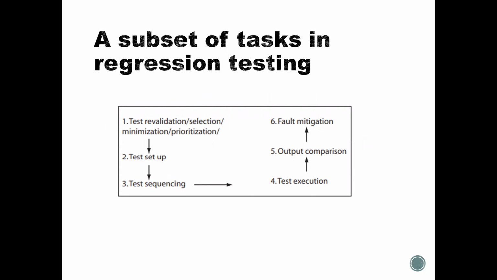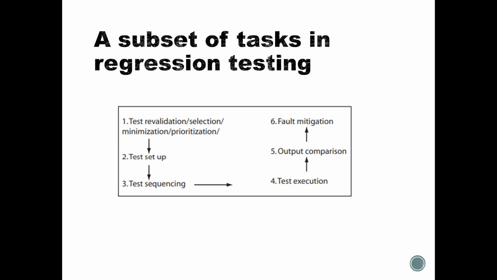So this is a subset of tasks in regression testing which we are more interested in. Like we have discussed in the previous slide, we have a program P, and we have also assumed that we have a modified program P dash, which is available for performing regression testing.